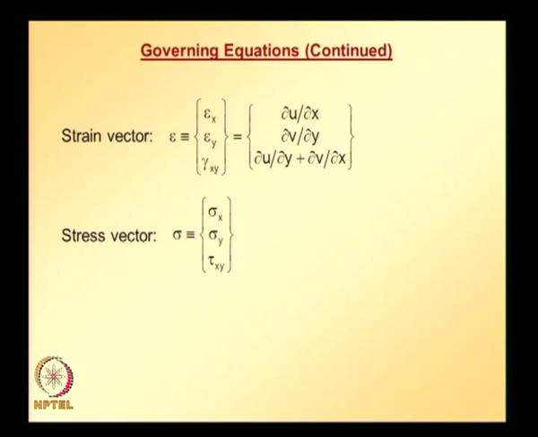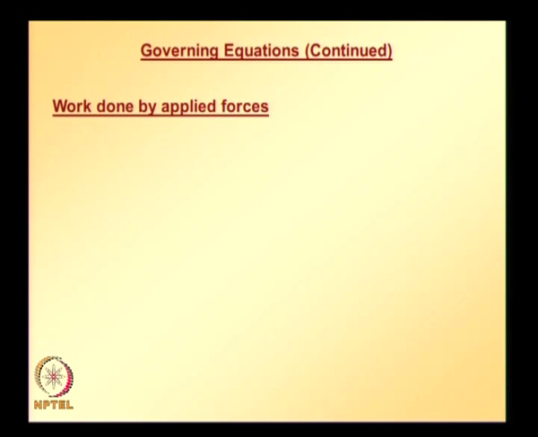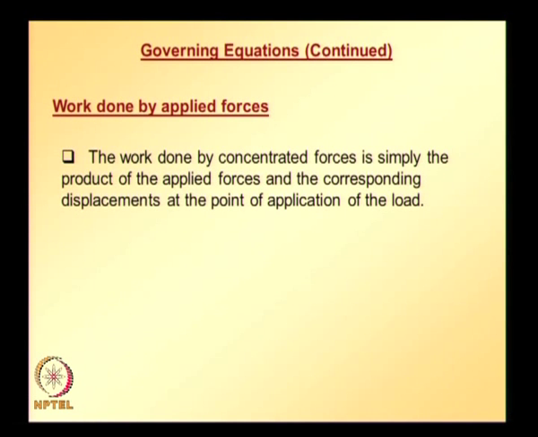So, now let us look at the work done by the applied forces W. If the forces that are applied are concentrated forces, the work done by the concentrated forces is simply the product of applied forces and corresponding displacements at the point of application of load.